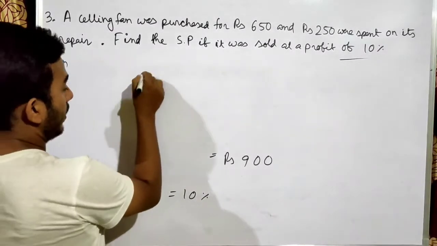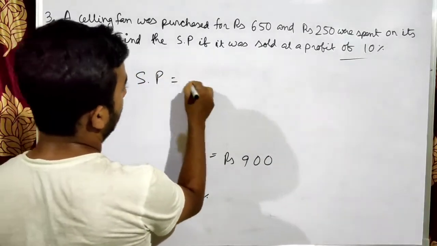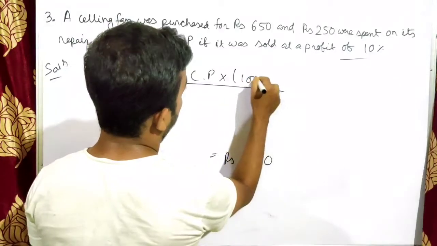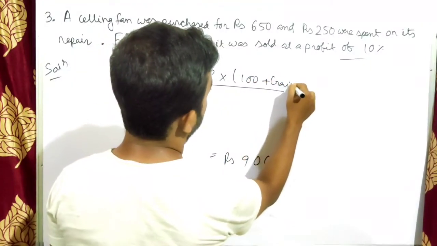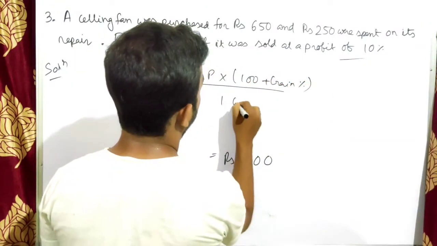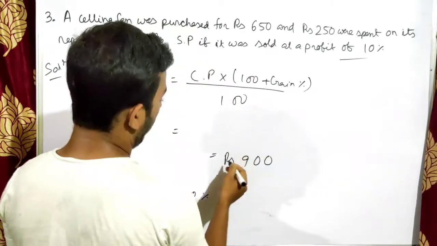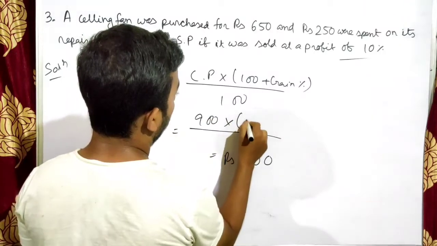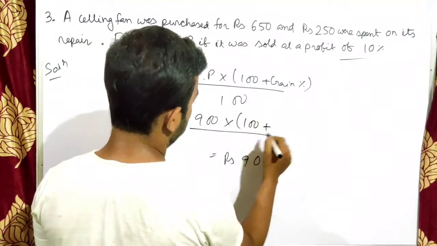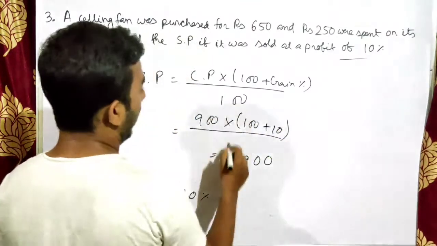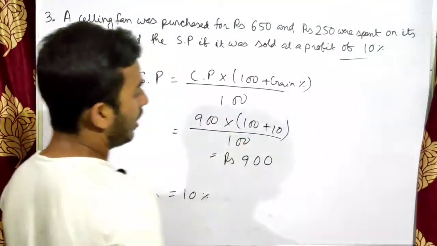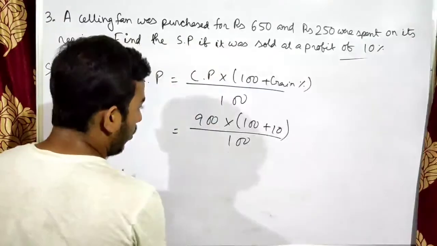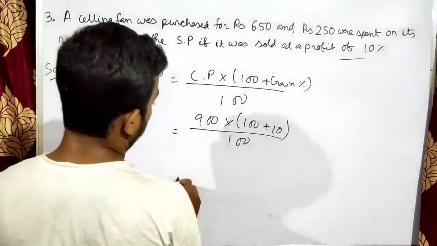So let's write out SP equals what? SP equals CP into 100 plus gain percent divided by 100. Okay, so our CP is how much? CP is 900. 900 into 100 plus gain, gain is 10%, and then again divided by 100. Up to this clear? Okay, so now we can easily cancel out many terms here.